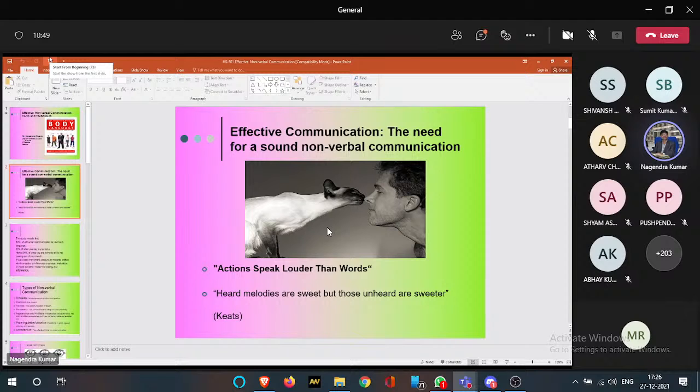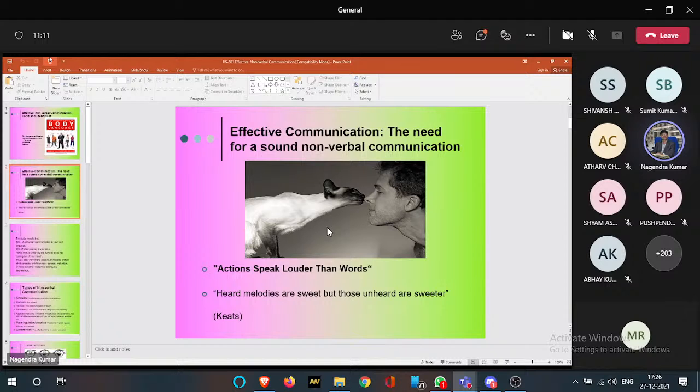So just talking about something does not make much of a difference unless and until we also act. Fine. And in the same connection, "Heard melodies are sweet, but those unheard are sweeter." This is another beautiful quote to begin with.